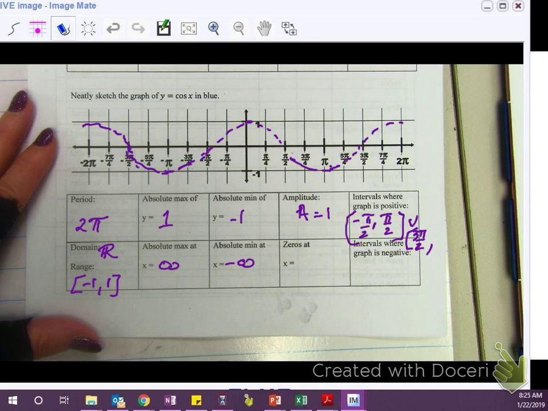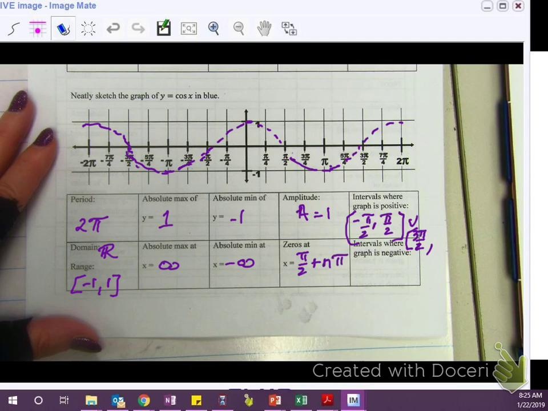All right, so that would be 1. That would be 2 times pi over 2. No, it wouldn't be times, it'd be plus. It starts at pi over 2. The first 0 is pi over 2. And then you add pi to get to 3 pi over 2. So isn't it just pi over 2 plus n pi?